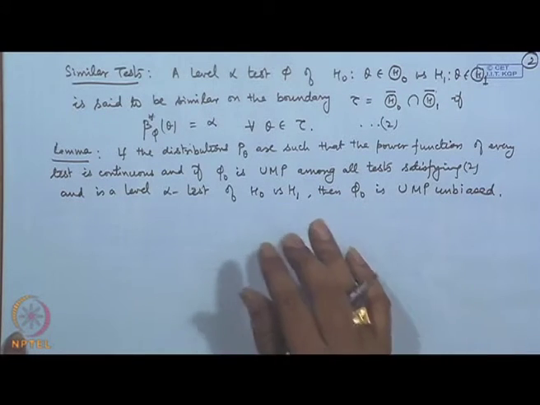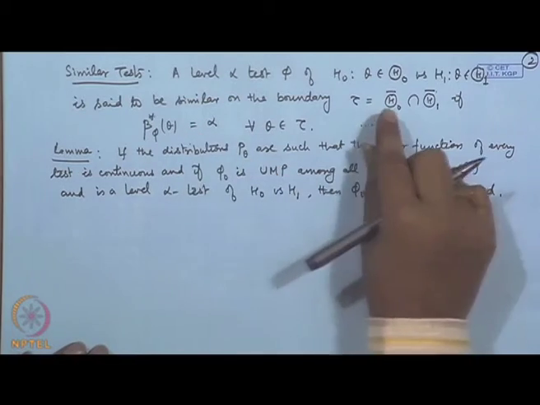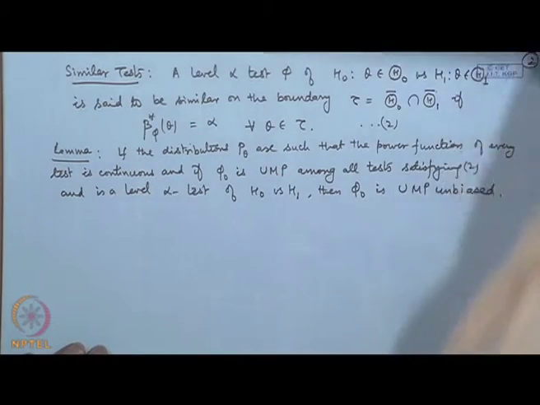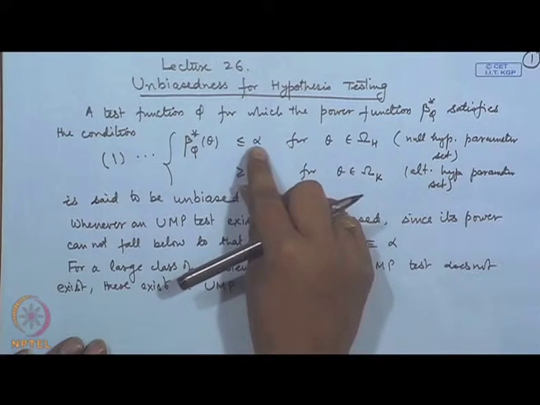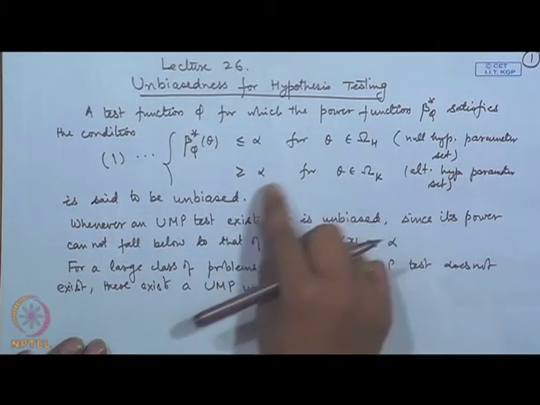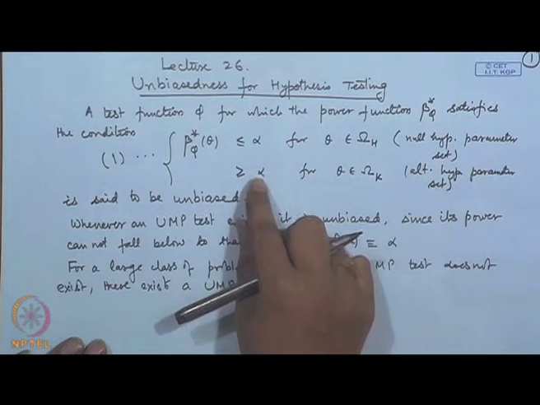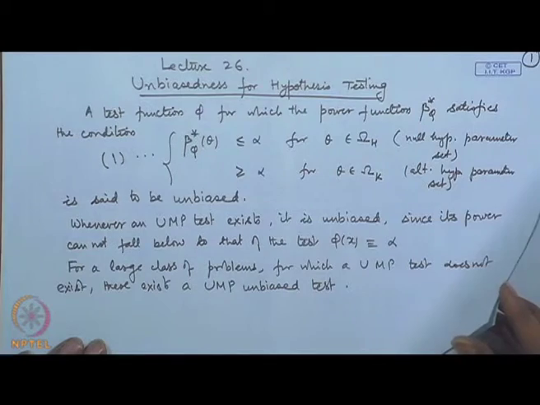So, this is a very useful result. So, this similarity is a very useful concept. So, first of all, what we are saying, if you look at this one, then we needed here that the power function should be less than or equal to the level for the values, that is the probability of type 1 error basically, and the power should be greater than or equal to alpha. That is what we are actually saying for the unbiasedness condition.